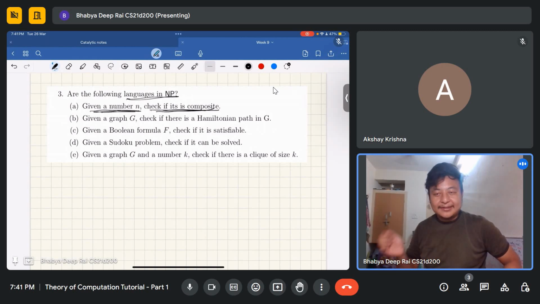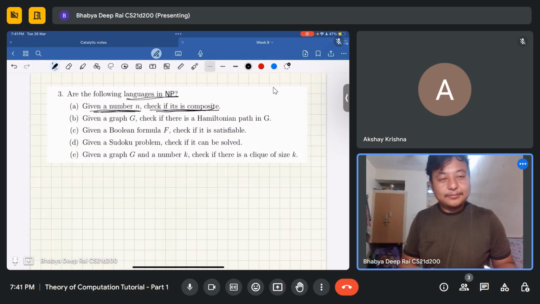It certifies that 27 is composite. Not just any number, but 27 is a composite number. Okay.